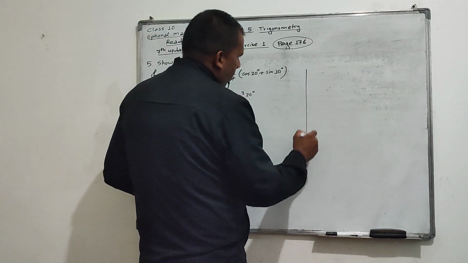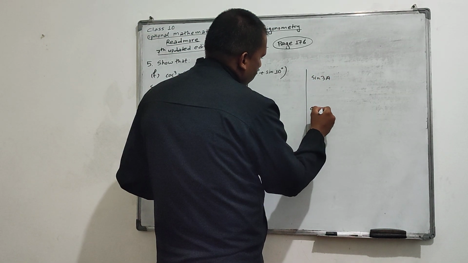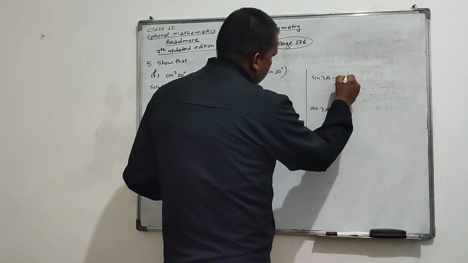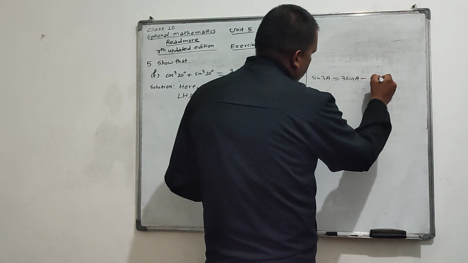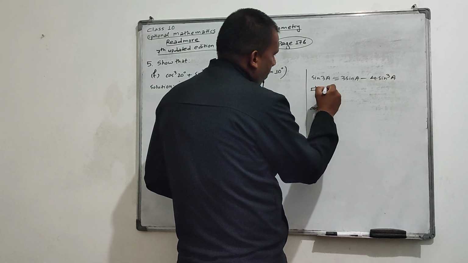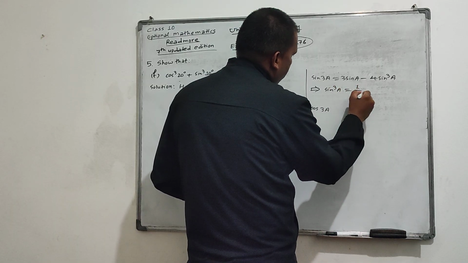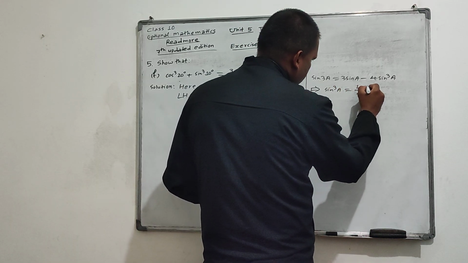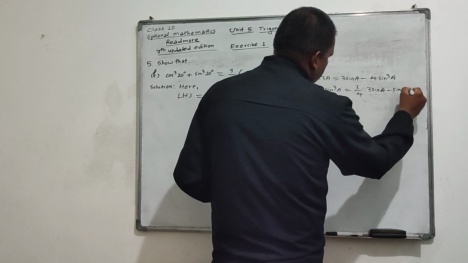Now we have the formula of sin 3a and cos 3a. Sin 3a equal to 3 sin a minus 4 sin cube a. From this we get sin cube a equal to 1 by 4 times 3 sin a minus sin 3a.